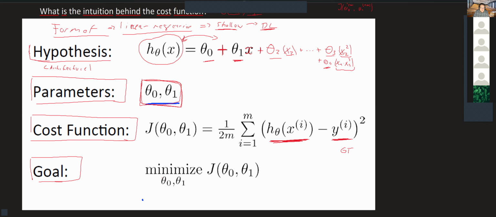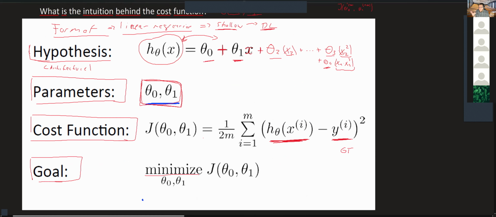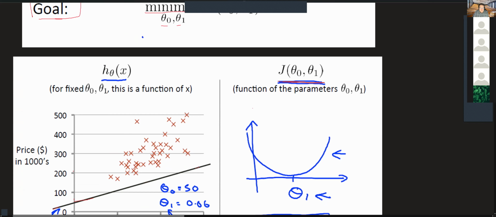In our case of linear regression, it's pretty easy. We want to minimize the cost because minimize cost means best model. And we have two parameters, which means we want to minimize this cost function regarding theta 0 and theta 1. So we change theta 0 and theta 1, and we hope for a nice cost function.